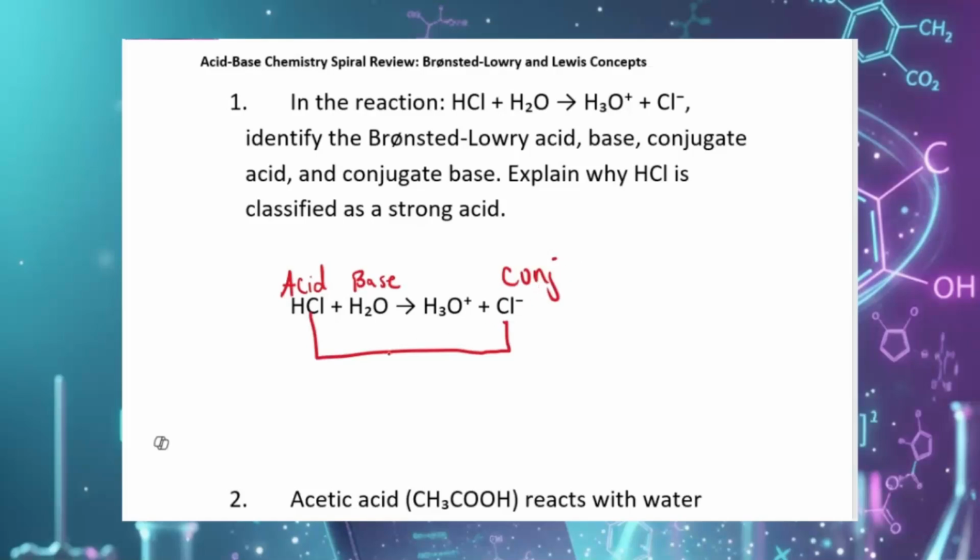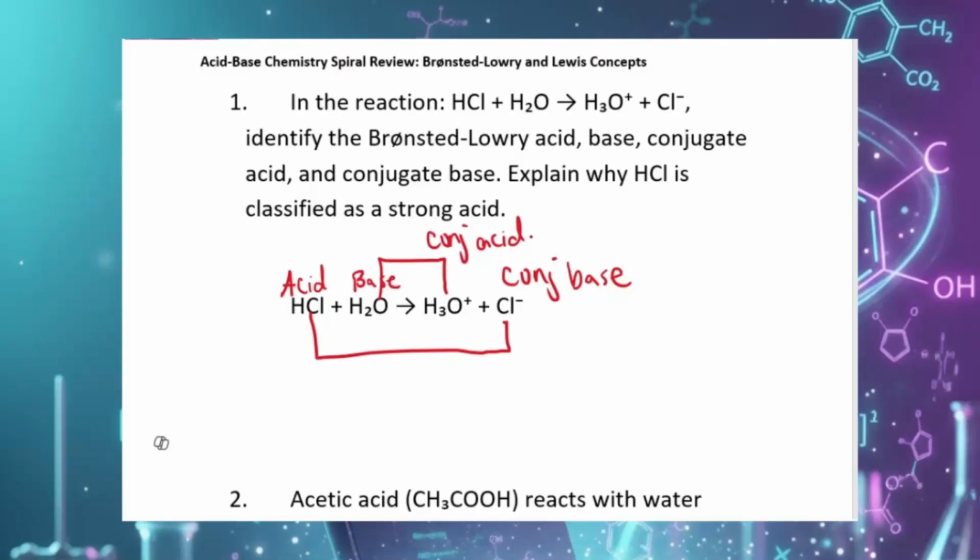So if HCl is an acid, the Cl is going to be the conjugate base. And because H2O was a base, H3O plus is going to be the conjugate acid. It is that simple.